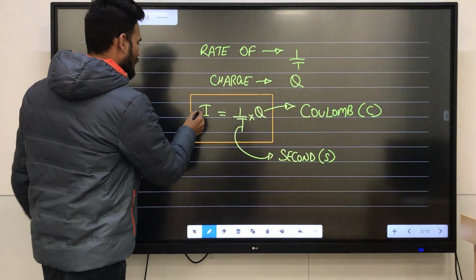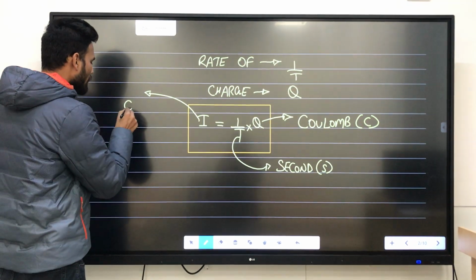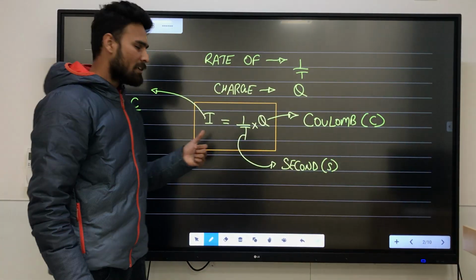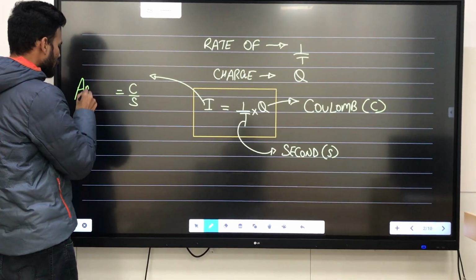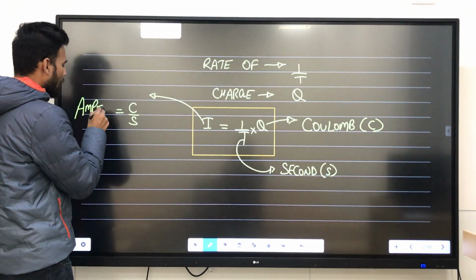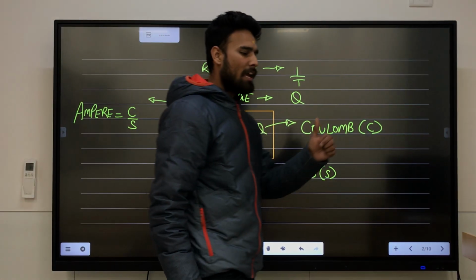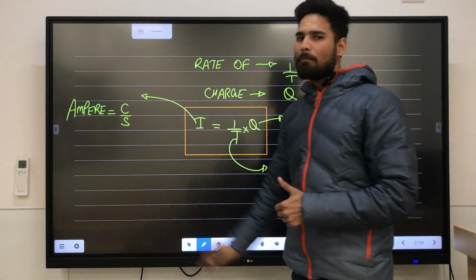And the unit of current becomes coulomb per second. This coulomb per second is also called ampere. So the SI unit of current is ampere, and one ampere is one coulomb per second.